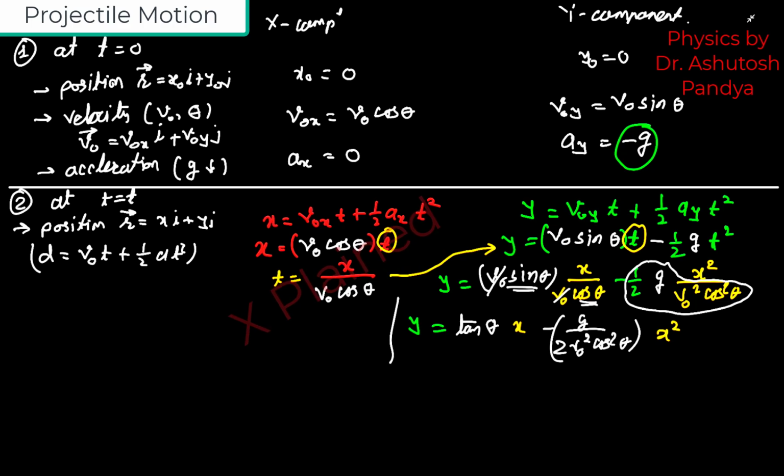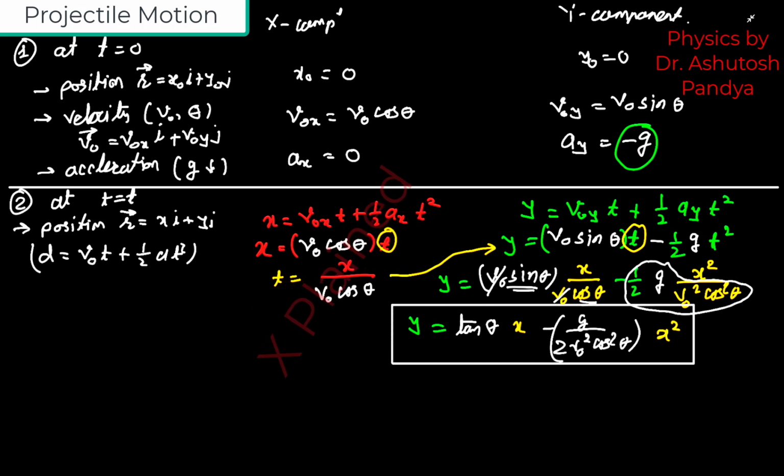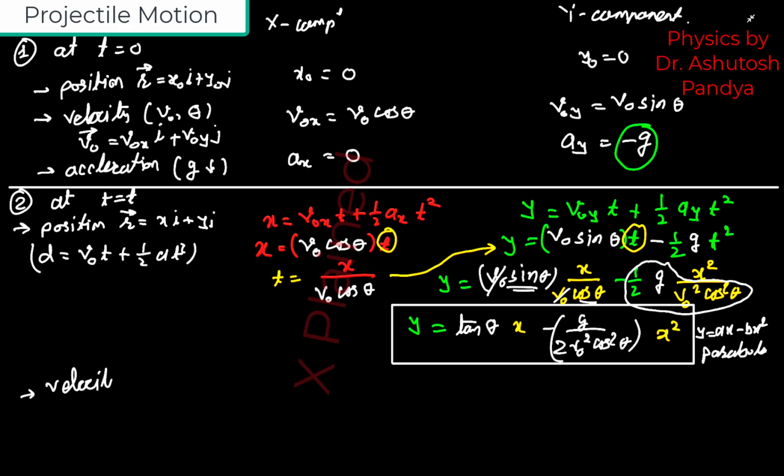So we can say we get the standard equation of projectile motion, which is actually in the form of y is equal to ax minus bx square, which is the equation of a parabola. Now let's go for the second quantity, which is velocity.